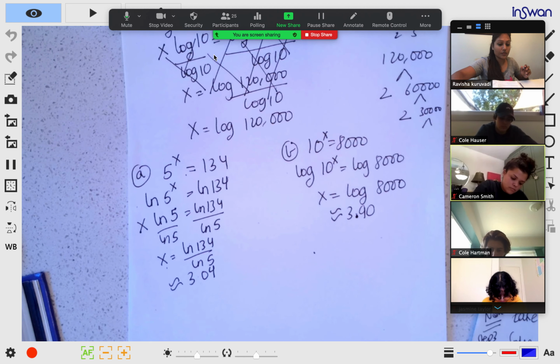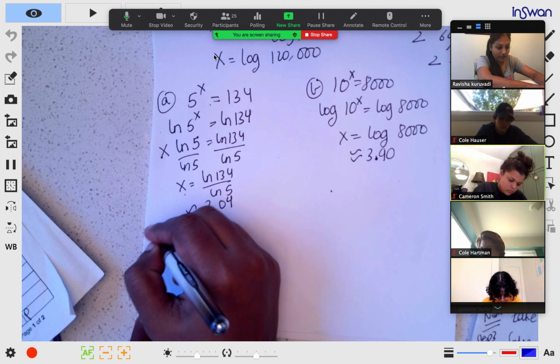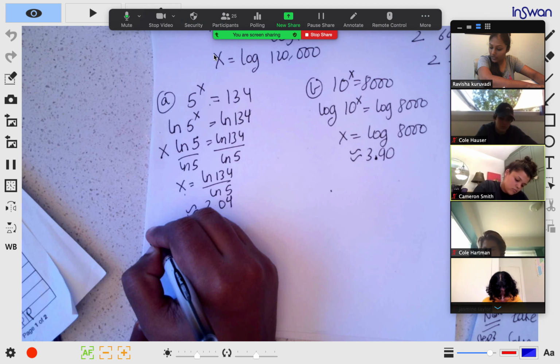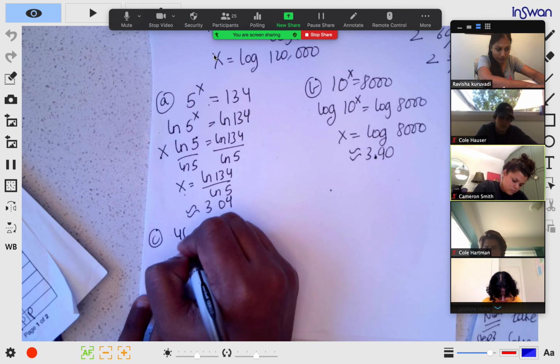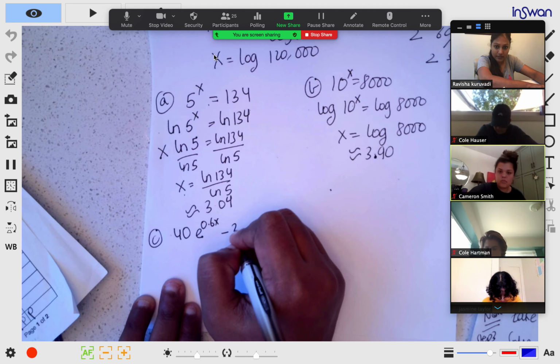Let's do more problems on this. You are given 40 e to the power of 0.6x minus 3 is equal to 237.